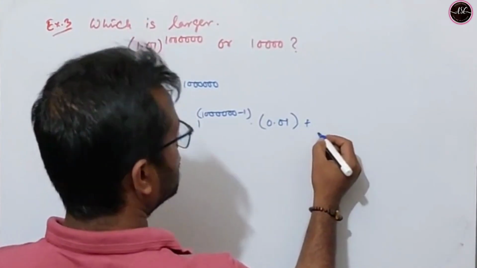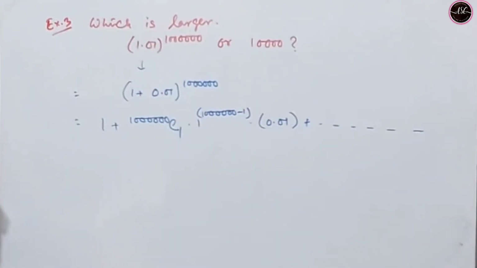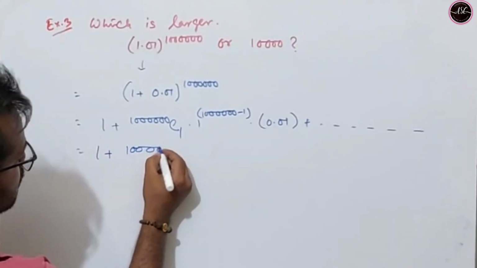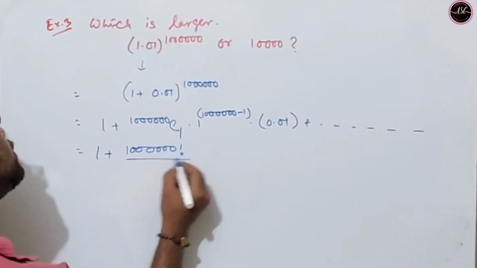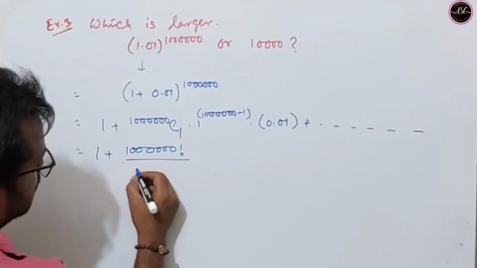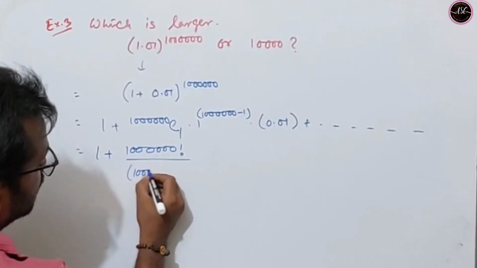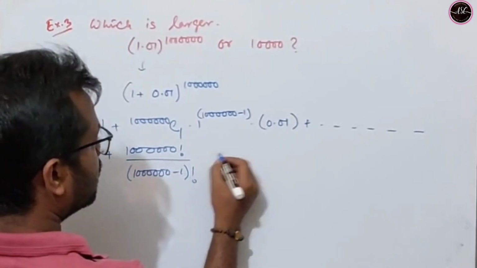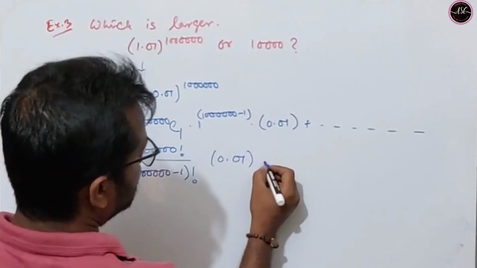Okay, plus dot dot dot. So here 1 plus, this will be 10 lakh factorial divided by 1 factorial into 10 lakh minus 1 factorial, into 0.01 plus dot dot dot.